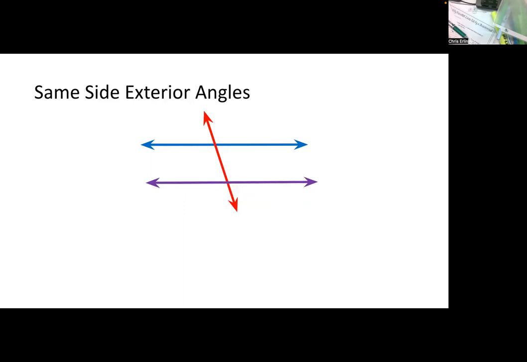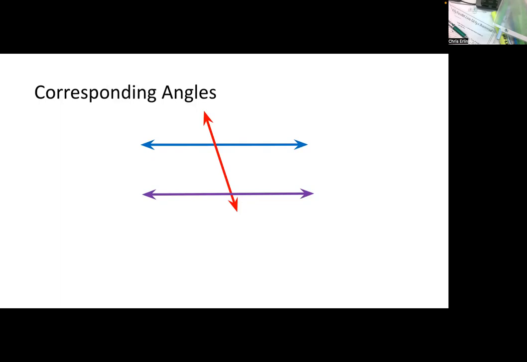Same side exterior? Corresponding. There's more in this one. How many sets of corresponding angles can you see in here? Good. 4. There's 1, 2, 3, 4.